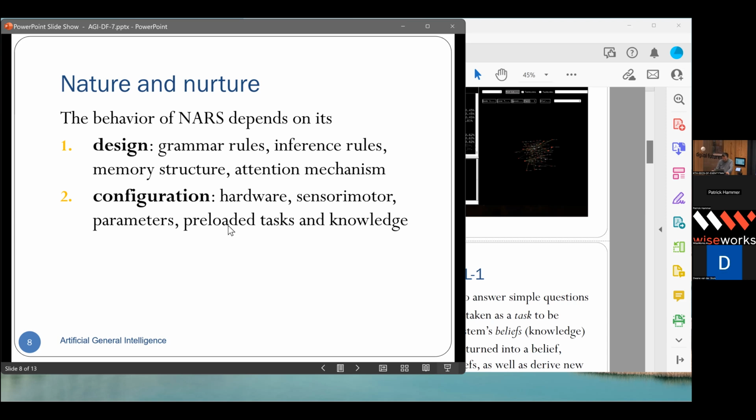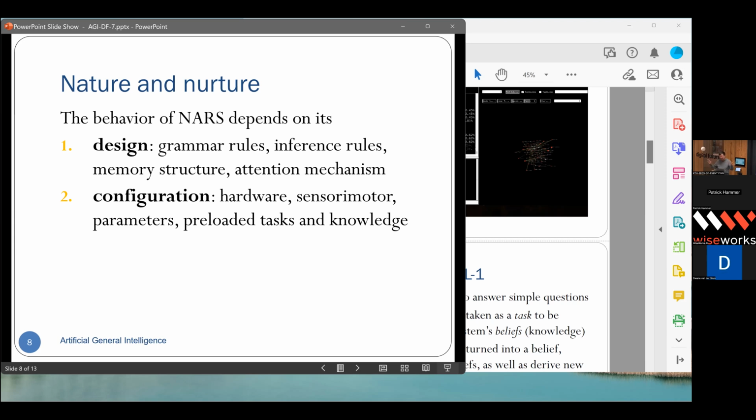That's what we call preloaded task and knowledge. It's kind of innate to them because that's not from their individual experience, but from someone else's experience. So it's like you're copying someone's mind and starting from there to live your life.